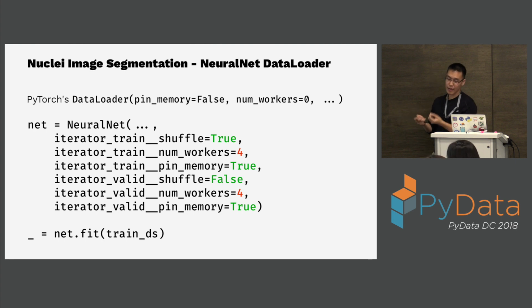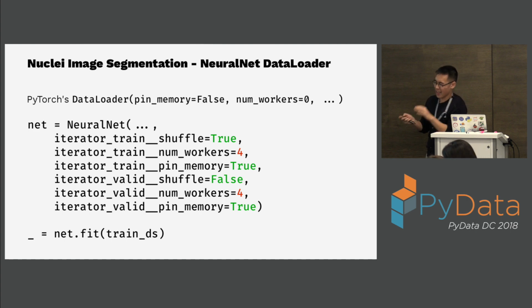And I like to set these values as such, where this iterated train is the data loader object for the training set, and I like to set the shuffle to true. And this is the more important part. I want to set the num workers to 4, which means we spawn 4 processes to process our images when we do image augmentation, because we want to feed our GPUs constantly and keep them at 100%.